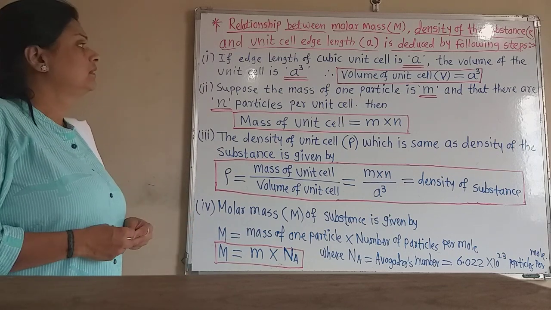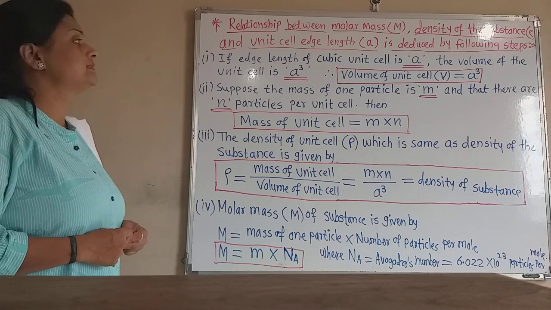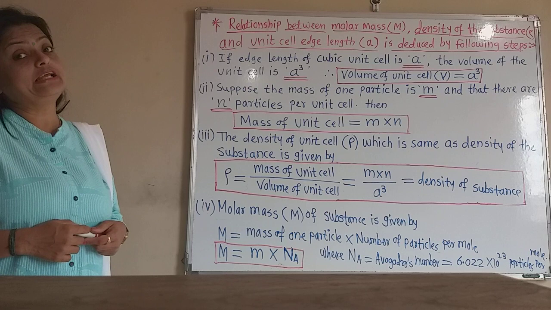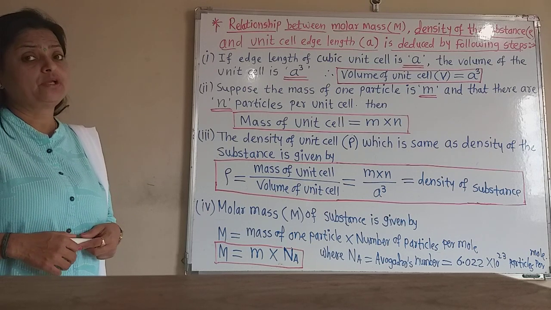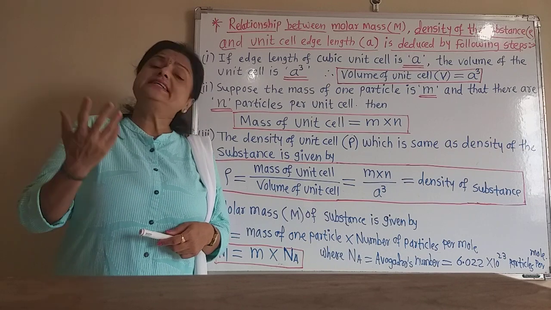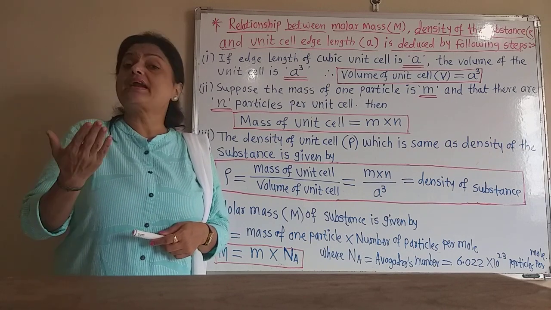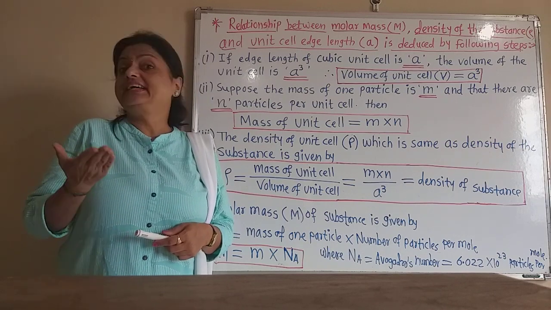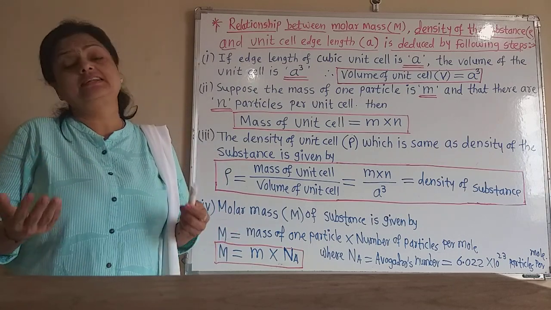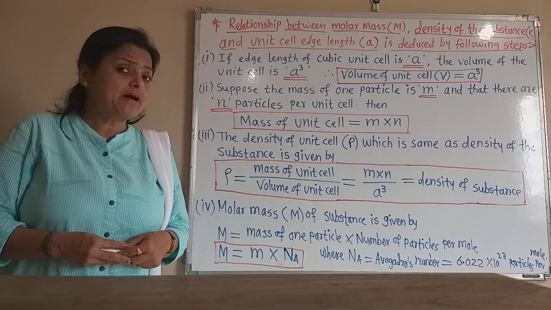Now second, we have to calculate the mass of the unit cell. How can we calculate it? The mass of the unit cell is nothing but the mass of the particles present in that unit cell.